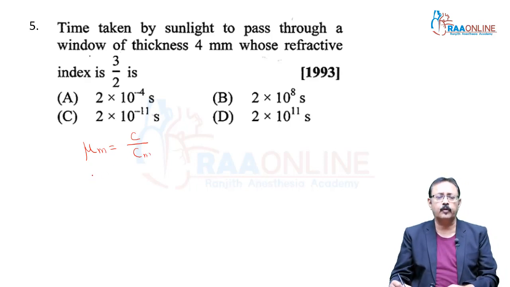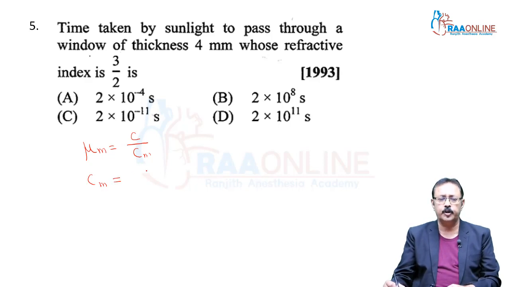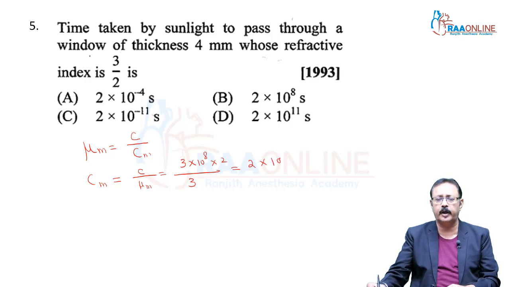So first we will calculate the speed of light in that medium. So it should be speed of light in air upon refractive index of medium. Speed of light in air is 3 into 10 to the power 8 meter per second. Refractive index is 3/2. So in that medium, light will travel with a speed of 2 into 10 to the power 8 meter per second.